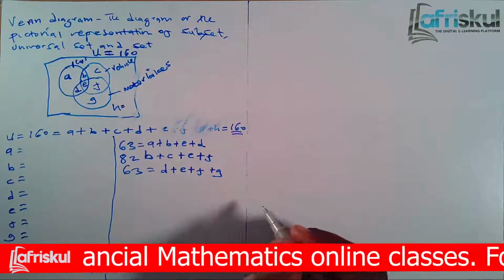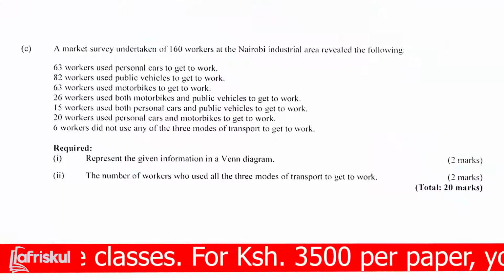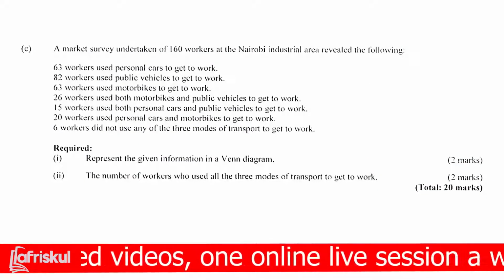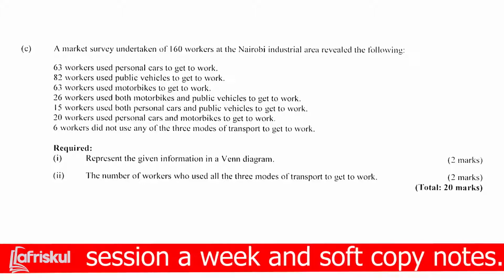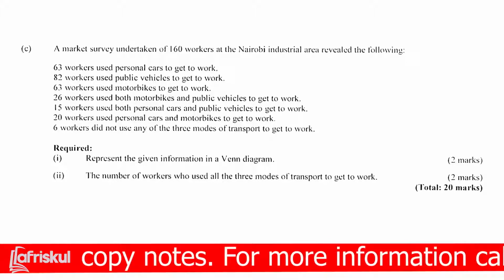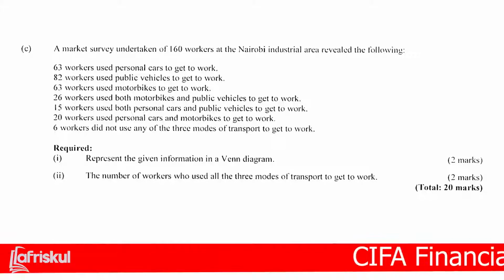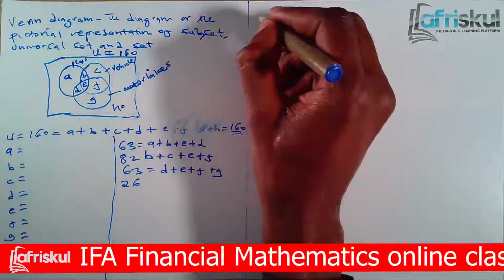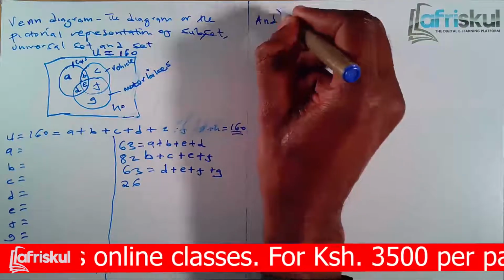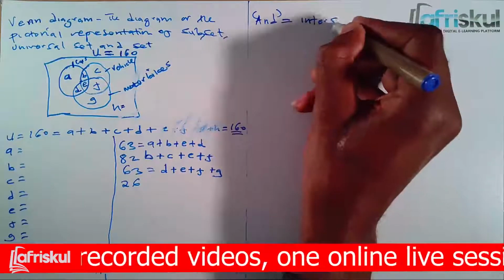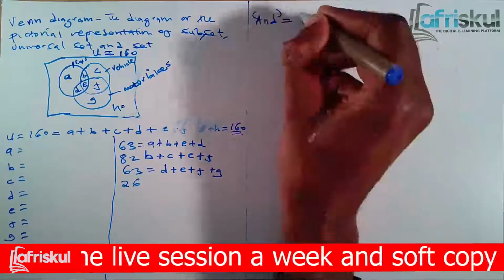Let's see what the examiner is saying also. The examiner is saying 26 workers used both motorbikes and public vehicle to get to work. The word and is a very important part of set theory. The word and represents intersection.